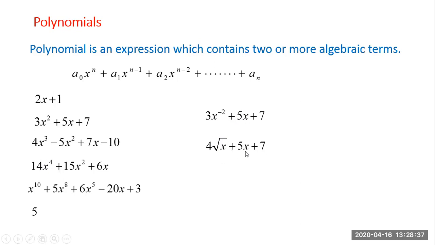All the powers should be non-negative integers. This is not a polynomial again because the first term has the power of x as minus 1, which is a negative number. So these are all not polynomials. Polynomials will have all the powers of x as non-negative integers, and the coefficients are some real numbers.